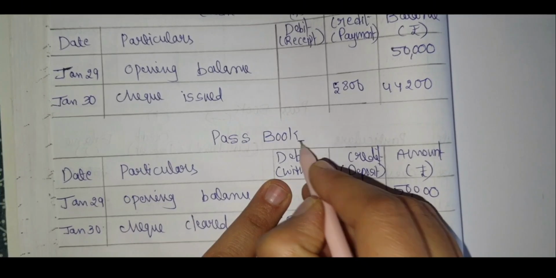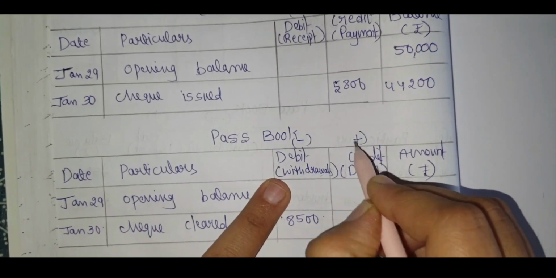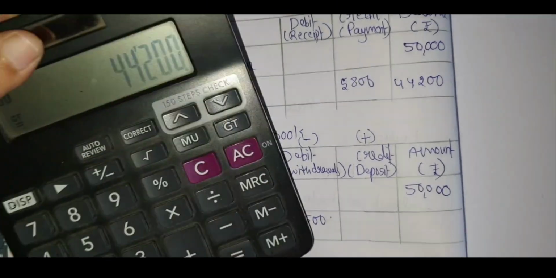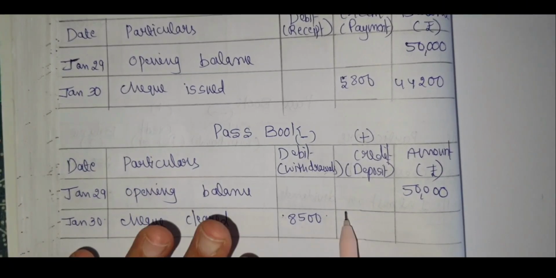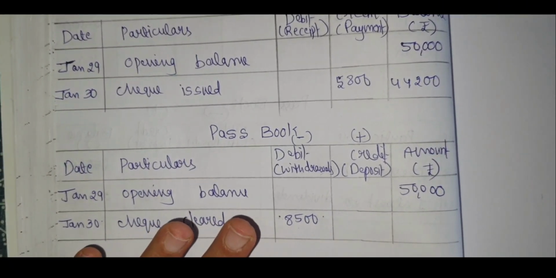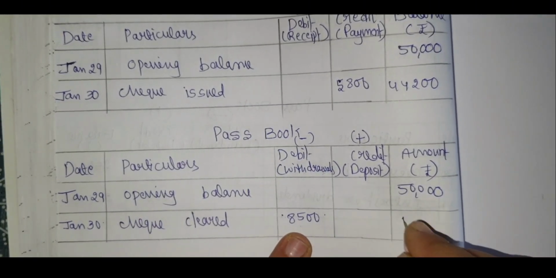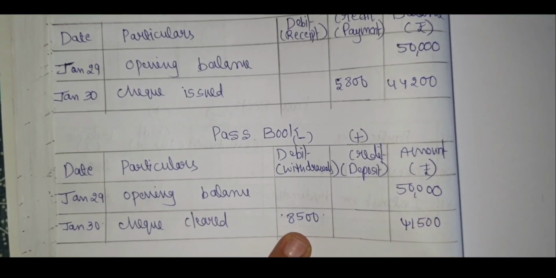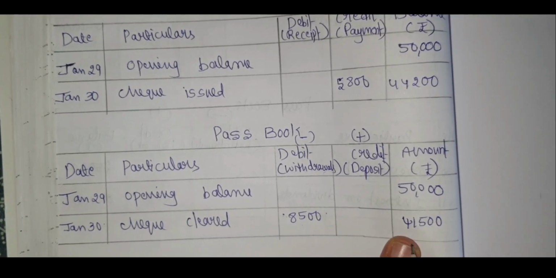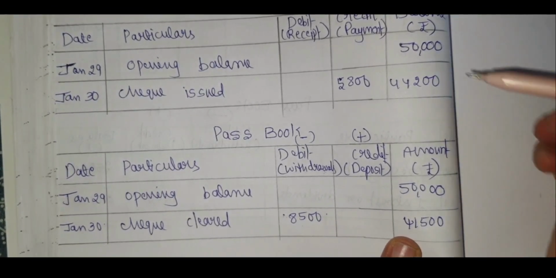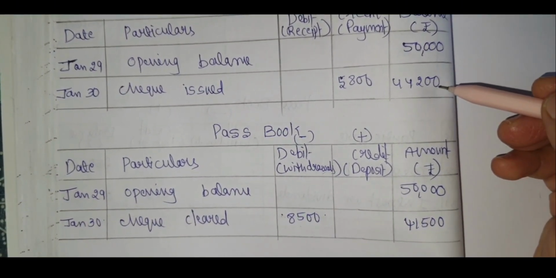We deduct all withdrawals and add all deposits in the passbook. So 50,000 minus 8,500, because the check is cleared, means the balance is 41,500. But in the cash book the balance is 44,200.